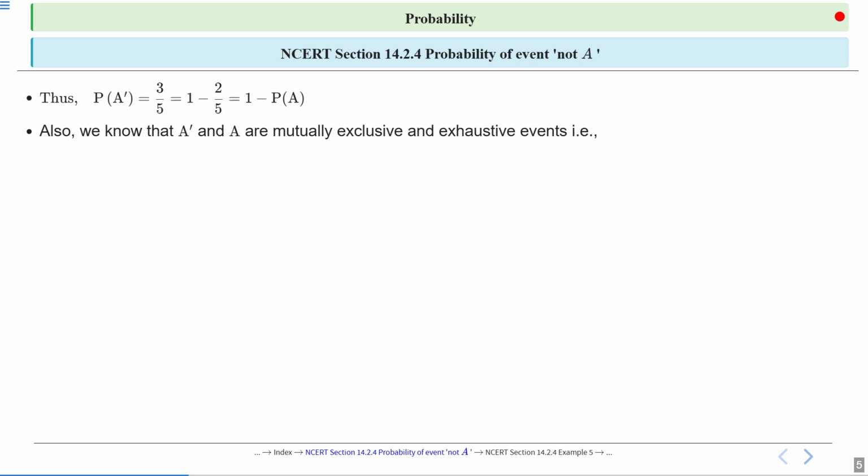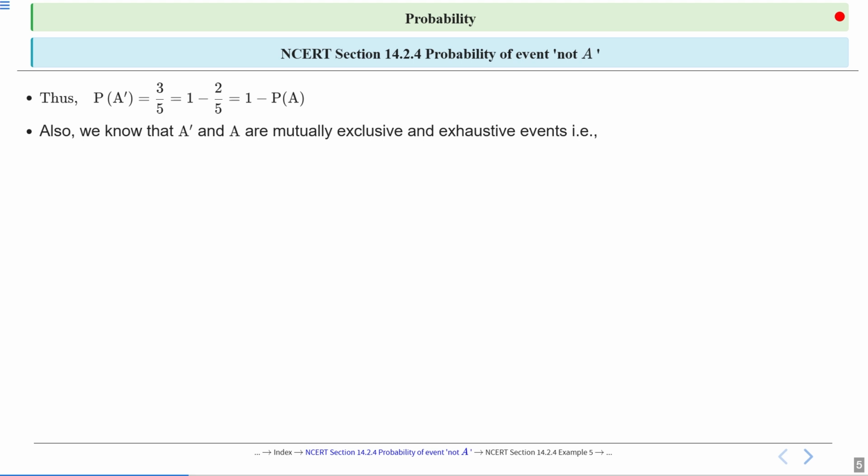You can easily verify it: if you take the intersection of A complement and A, you will get the empty set. So A intersection A complement is equal to the empty set, so A complement and A are mutually exclusive events.